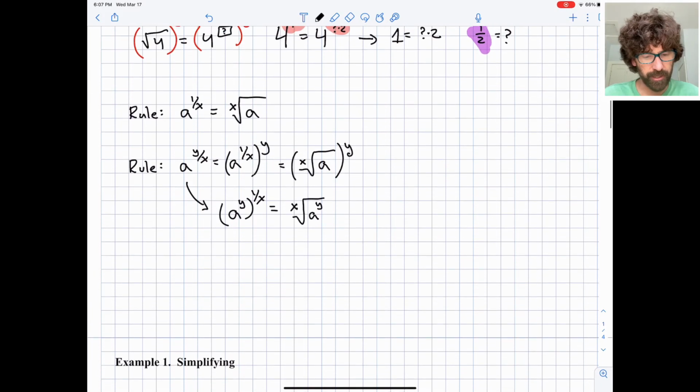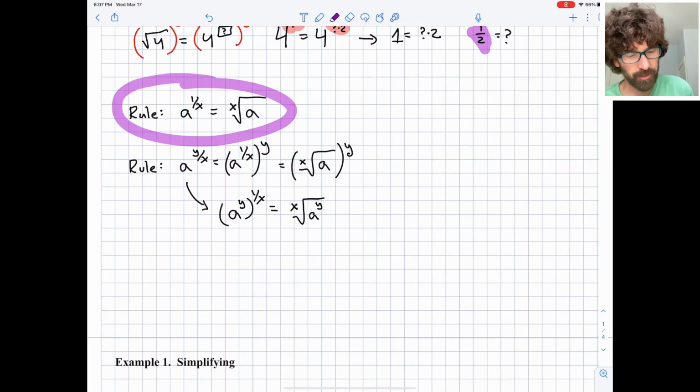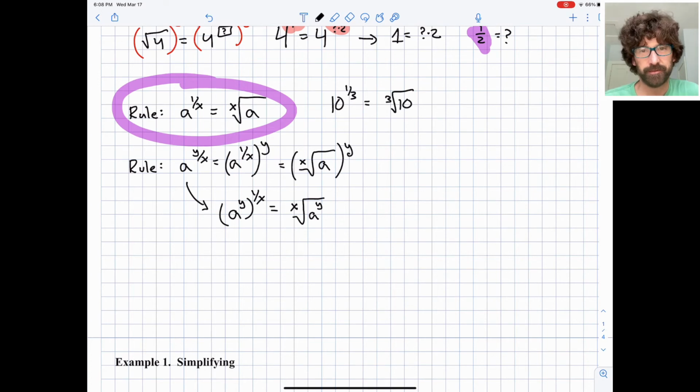So here are our rules down here. The first one is what I just mentioned. So a to the 1 over x, whatever a and x might be, is the same as the xth root of a. So as an example, 10 to the 1/3 is the same as the cubed root of 10. All right?